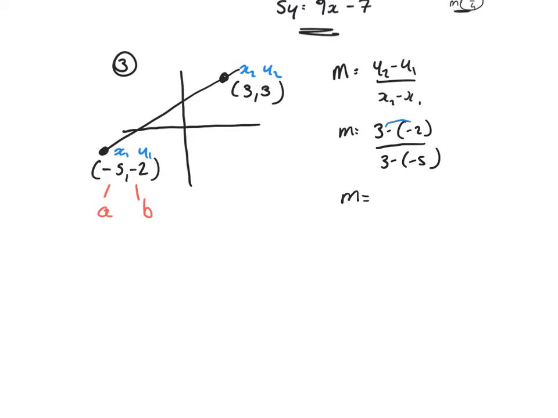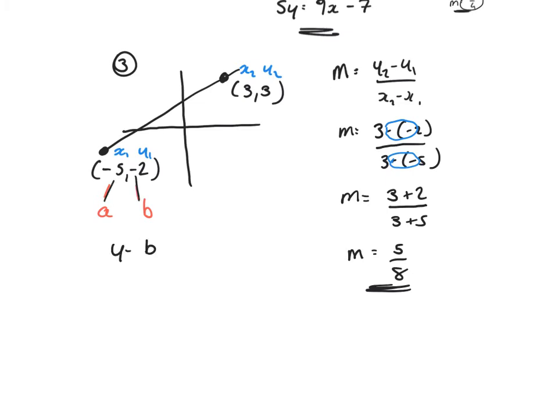Remember that two negatives flush together will become a plus. So 3 minus -2 is 3 plus 2. 3 minus -5 is 3 plus 5. 3 plus 2 is 5 over 3 plus 5 is 8. The gradient is 5/8. I've then got the point AB, which is (-5, -2).